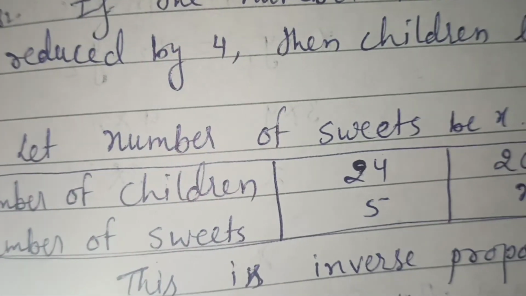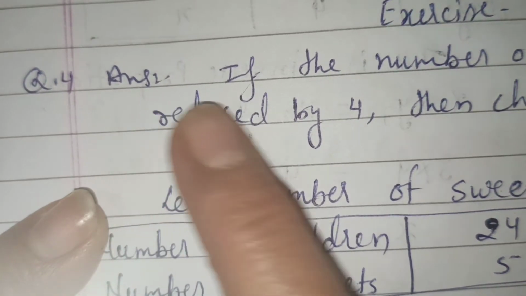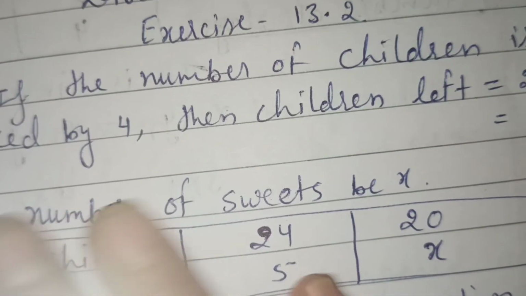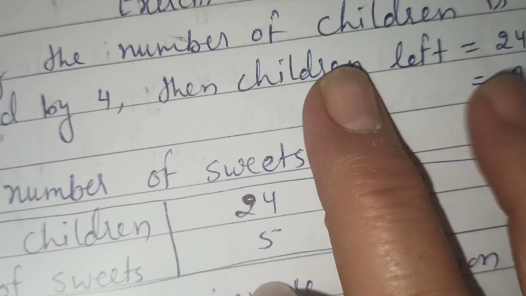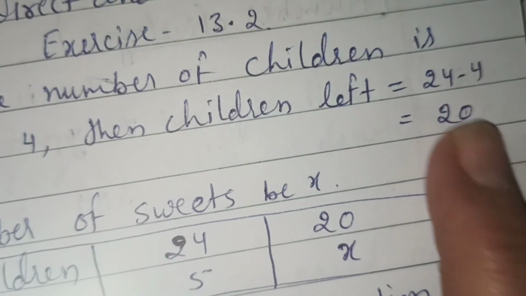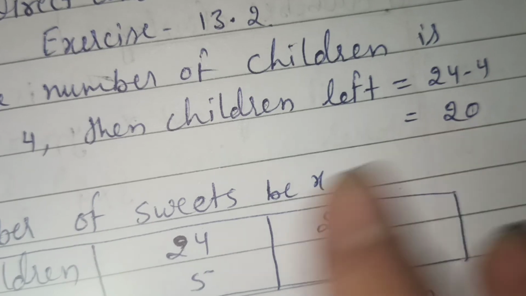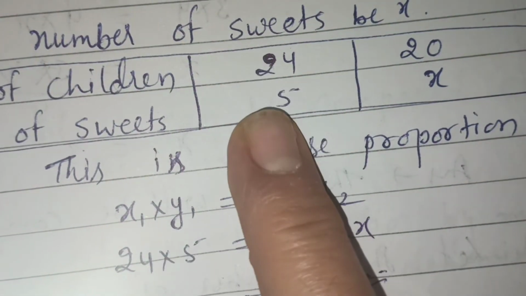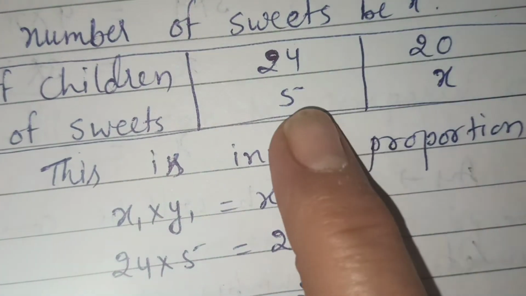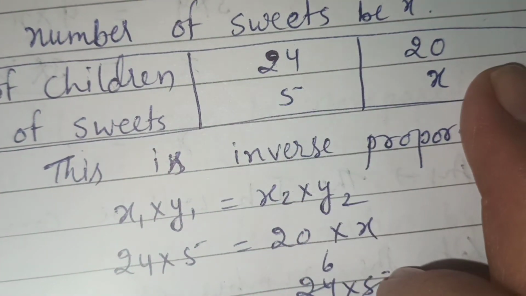So see how we will solve. If the number of children is reduced by 4, then children left are 24 minus 4, which is 20. Here let the number of sweets be x. 24 becomes 20 and 5 sweets becomes x.